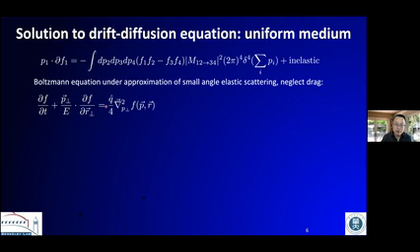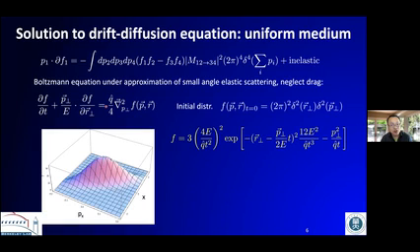And surprisingly, you can solve this equation analytically, especially given an initial distribution of a point-like particle.